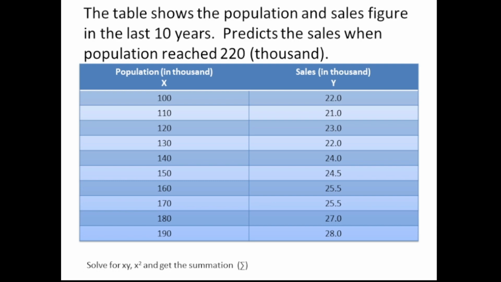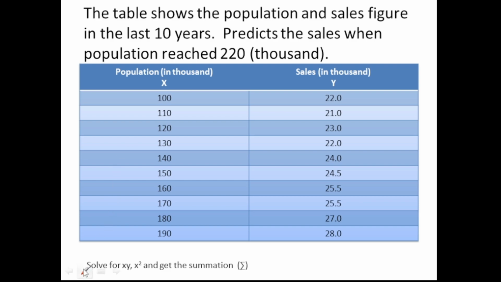Okay, sample number 1. The table shows the population and sales figure in the last 10 years. Predict the sales when population reaches 220,000. Okay, mape-predict kaya yung sales kapag yung population ay 220,000.